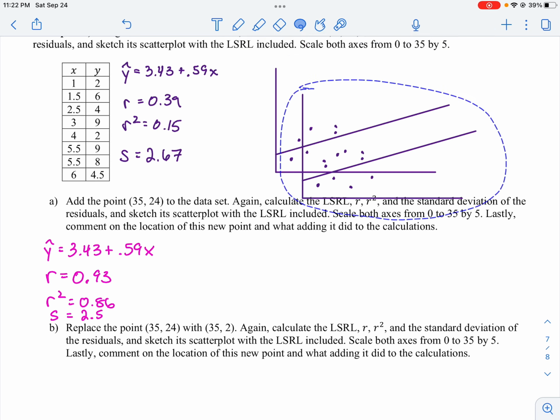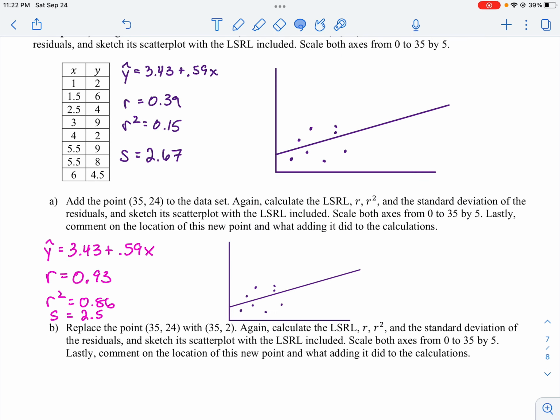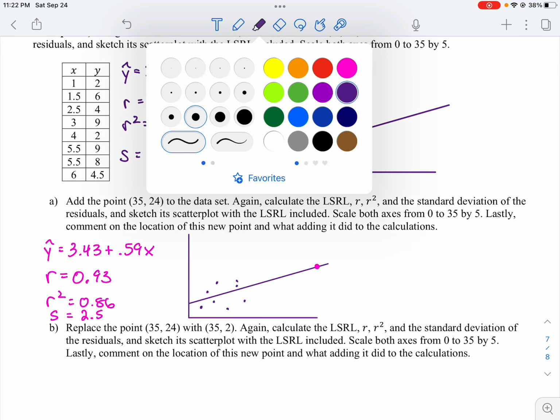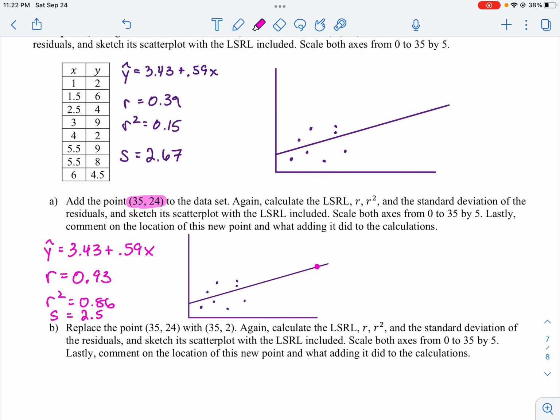So now, if I just take this and duplicate it, but we added this point right here on the end. Here's how we would comment. Okay.